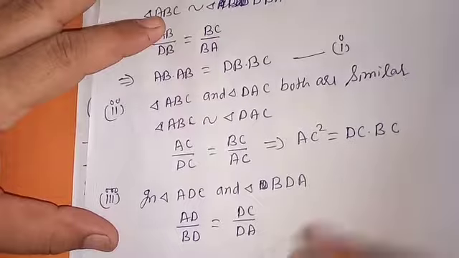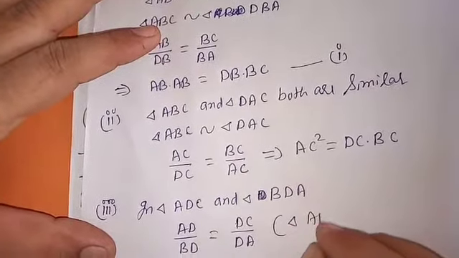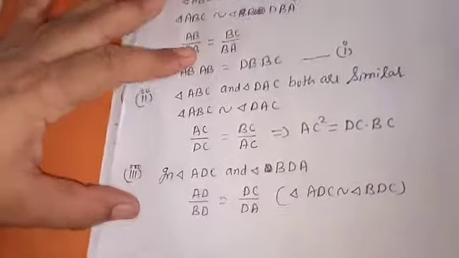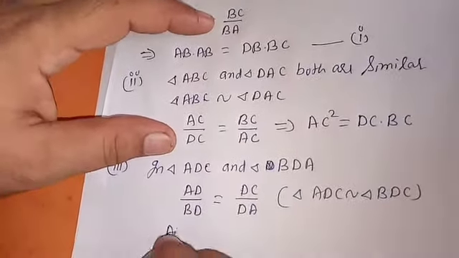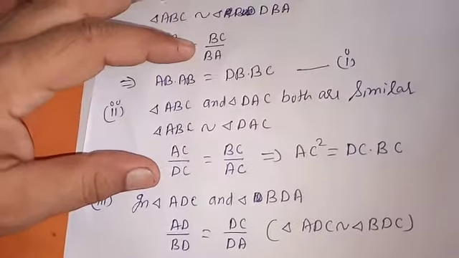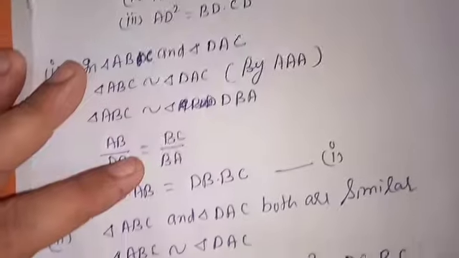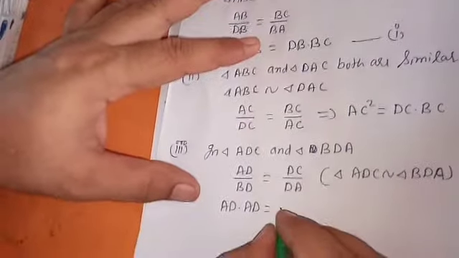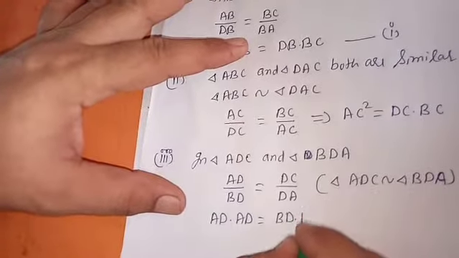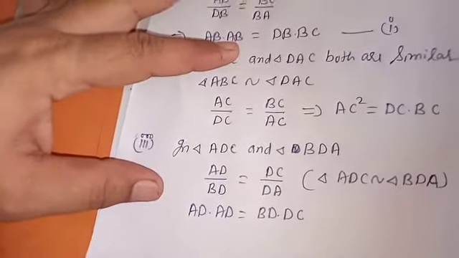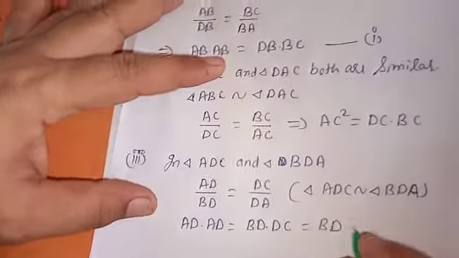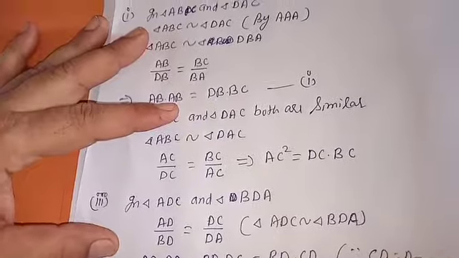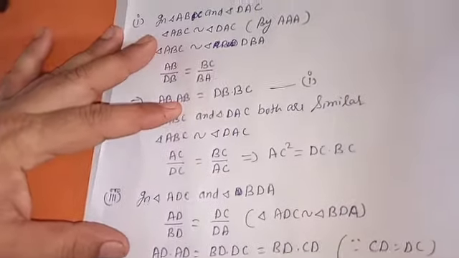Why? Triangle ADC is similar to triangle BDC, so corresponding sides are in the same ratio. So AD into AD is equal to BD into DC, or you can write BD into CD. Why? Because CD equal to DC. Understood?